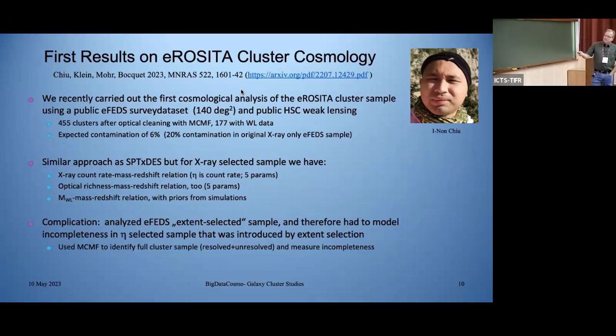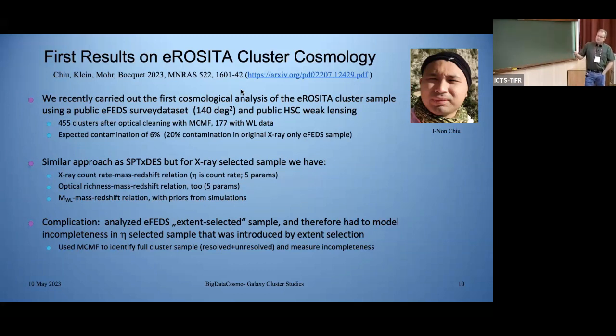The sample is 455 clusters after you do the optical cleaning. There's weak lensing data from HSC, public HSC data covering 177 clusters. Contamination is about 6%. If you just use the X-ray selected sample alone, that would be 20% contamination. So that gives you a sense of how much you benefit by using the optical counterpart information.